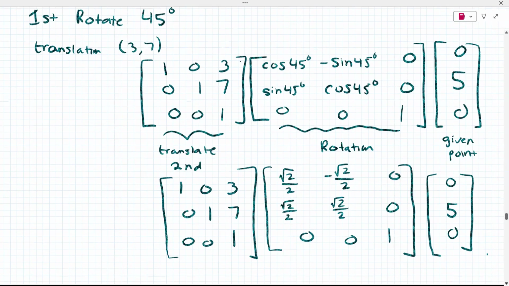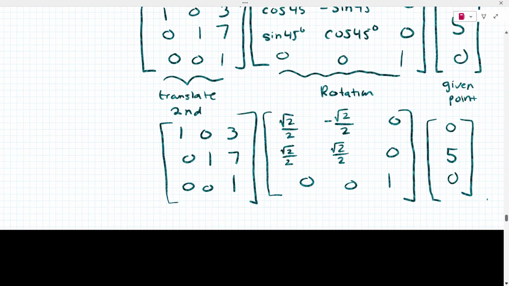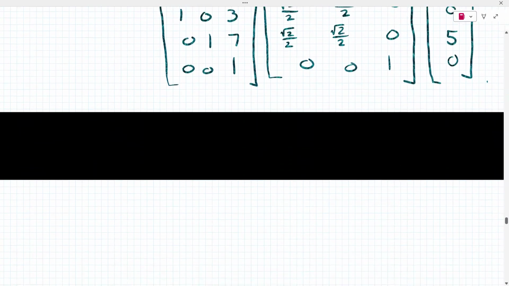Okay. So when you put all that together, you get this matrix. This one. When you multiply it out, I think, yeah, it's going to be this. Your x coordinate will be negative 3.535.